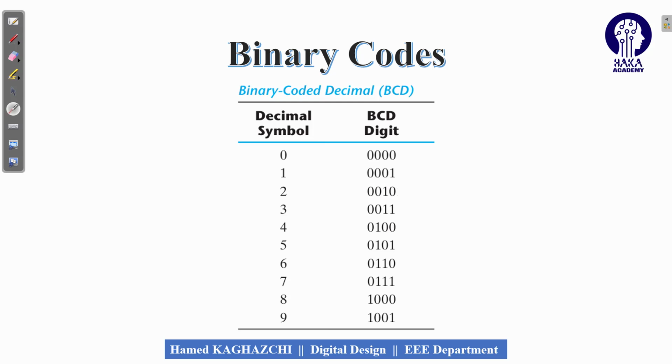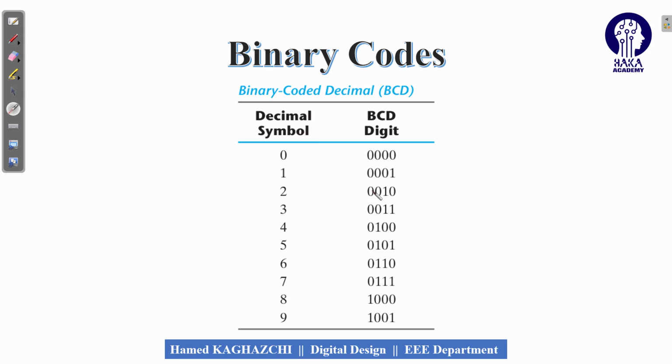Up to the end, all of the numbers from 0 up to 9 can be represented in this form that you can see here. Now the question is, if we have a number, for example a 3-digit number or 2-digit number, how can we represent these numbers in the BCD code?